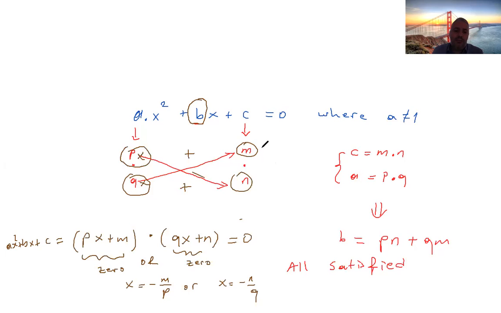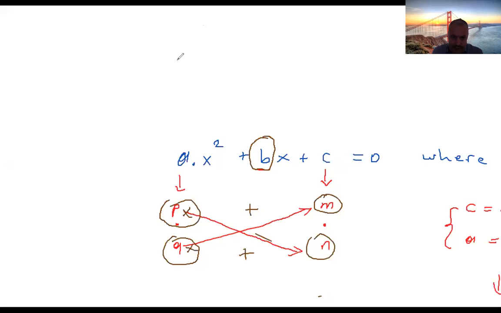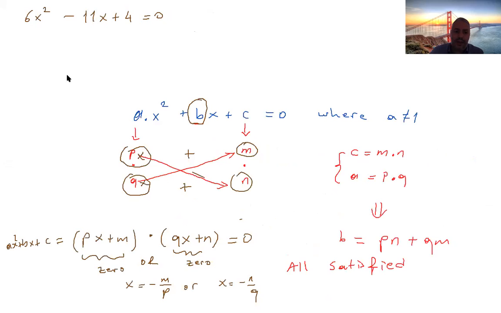Let me choose, for example, 6x squared minus 11x plus 4 equals 0. Now, you can see the whiteboard, right? So let me solve it.